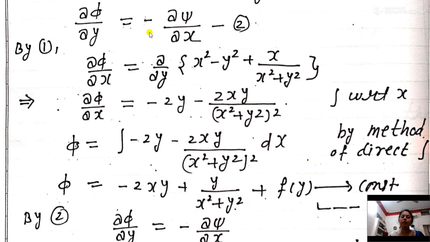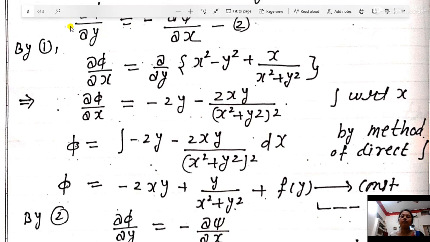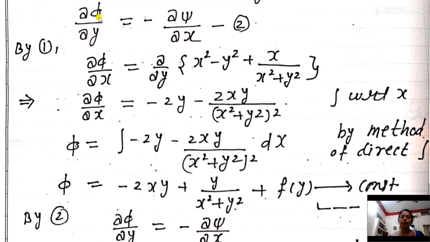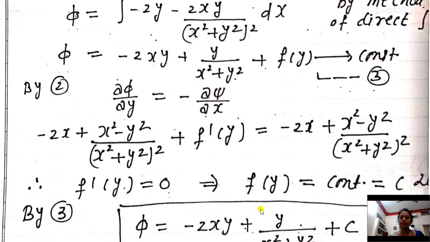So we have CR equation number 2, and now we have the value of phi and psi both. We differentiate on the left hand side the value of phi with respect to y, and on the right hand side the value of psi with respect to x. Here on the left hand side it is del phi by del y, and on the right hand side it is minus del psi by del x.